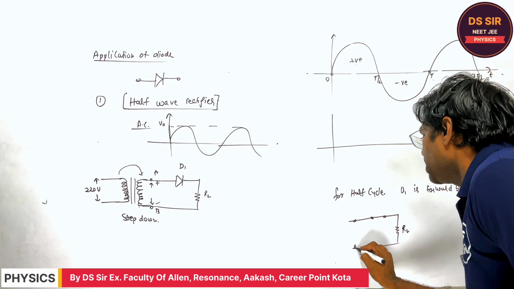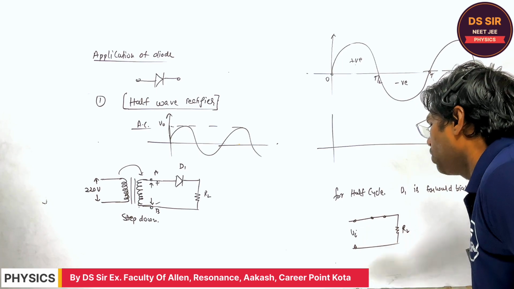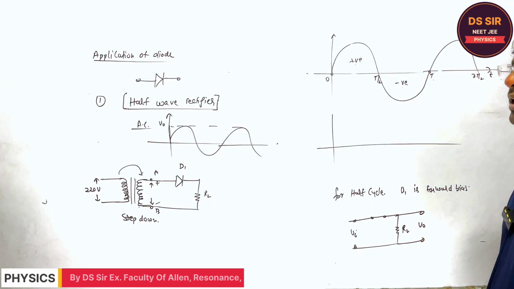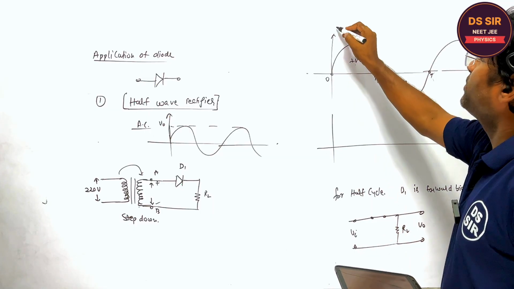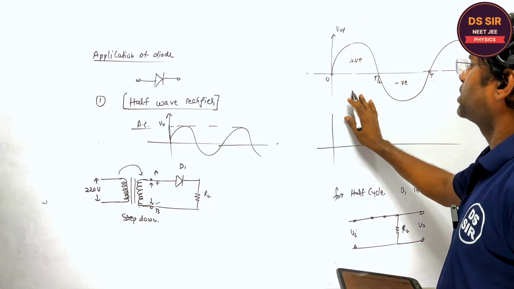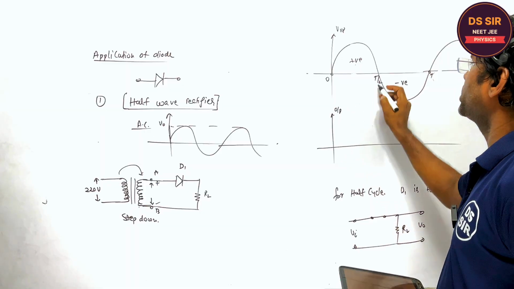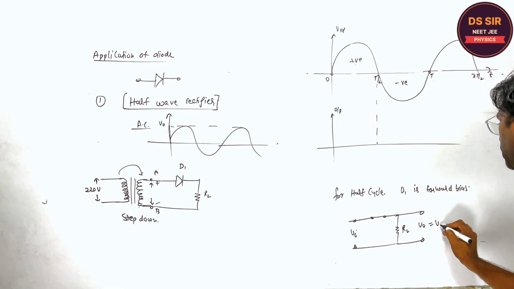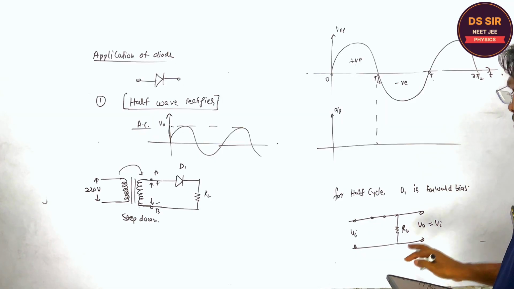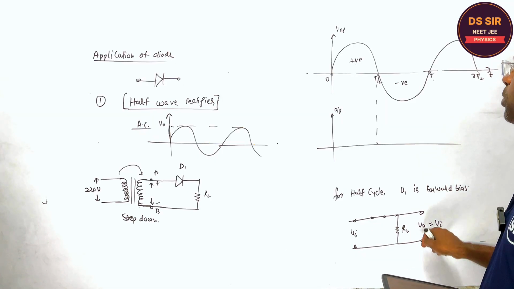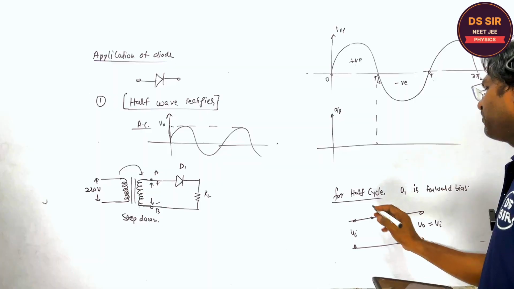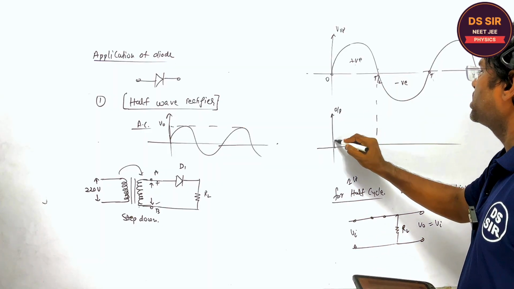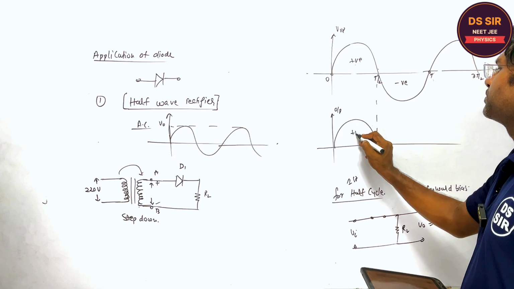So whatever input is applied over here, the same output is obtained across the resistance. So the output voltage is equal to the input voltage for the first half cycle, the same voltage is obtained.